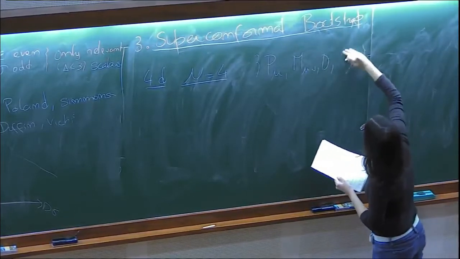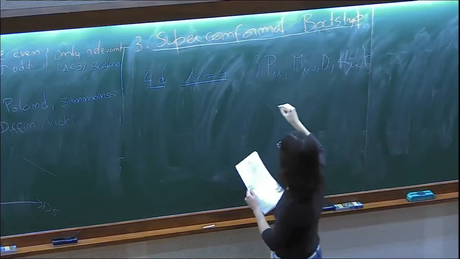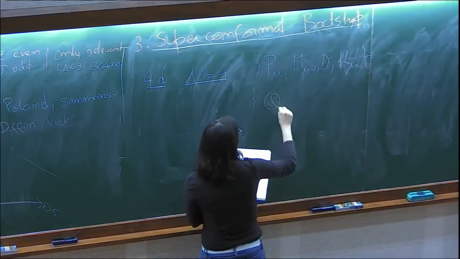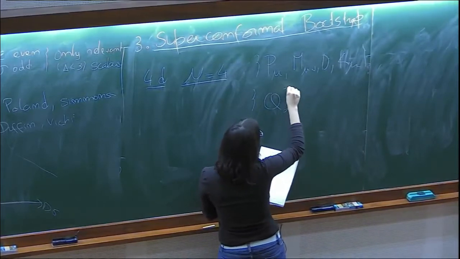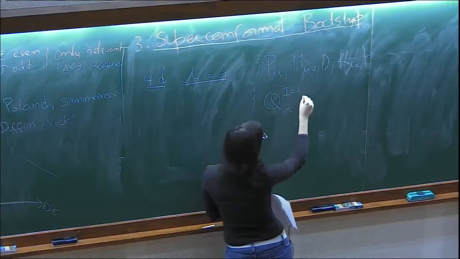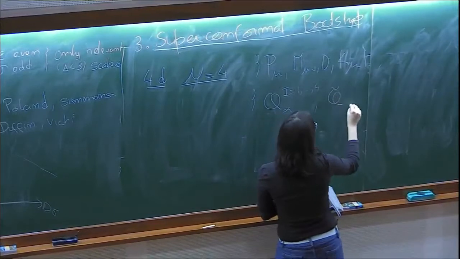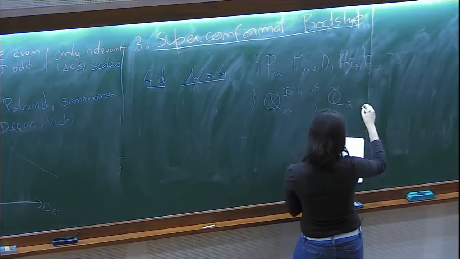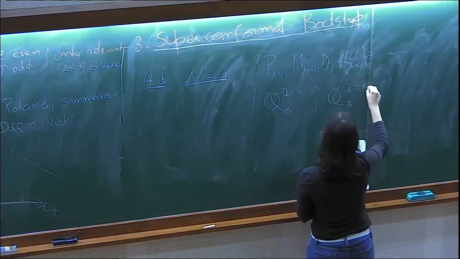And here, these are the special conformal transformations, and now we want to add fermionic generators. So I'm calling those Q. And we are in N equals 4, so it will be 4 of these supercharges that are spinors. And 4 of the conjugate version. Let me be a bit sloppy with placing these.